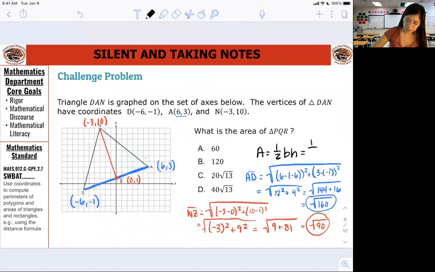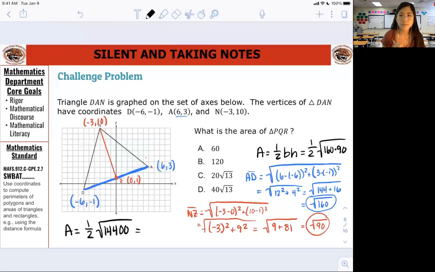Okay, I can plug those in and just keep them in the same radical. 160 times 90, what does that give me? 14,400, good. So let me do this down here. So this is 1/2 times 14,400, and then take the square root. What do you get? Square root of 14,400? 120.